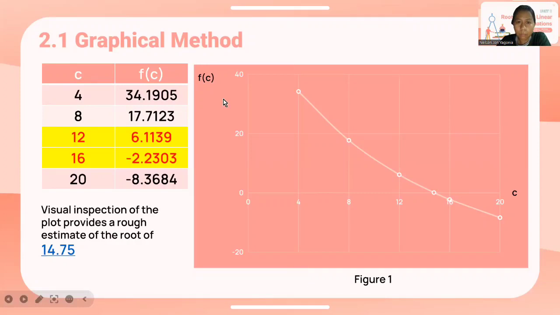And we have plotted the result. In this graph, we can see that the change in sign is between 12 and 16. Through visual inspection of the plot, we have a rough estimate of the root, which is equal to 14.75.